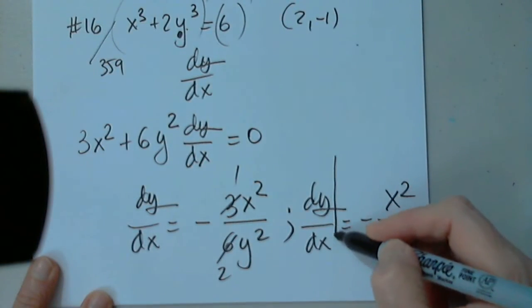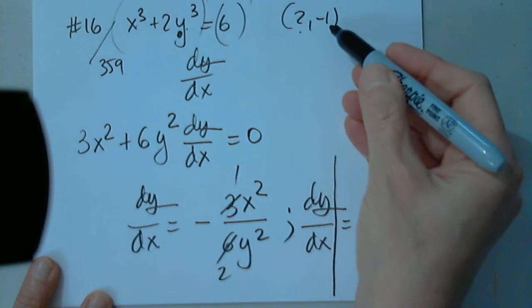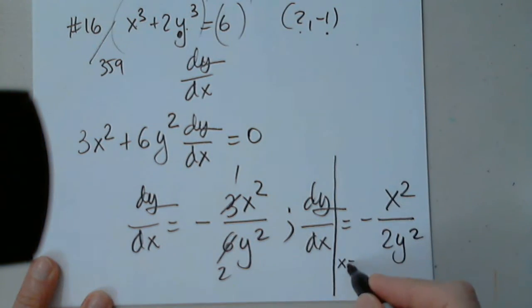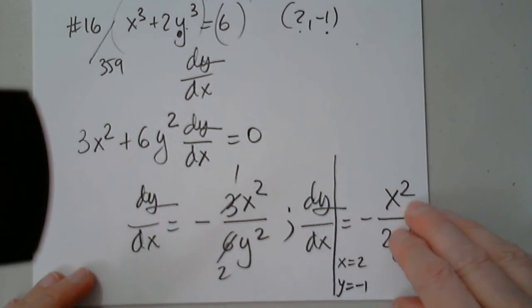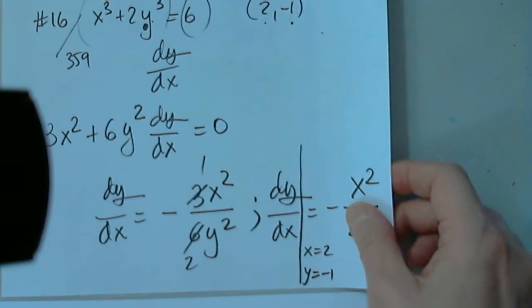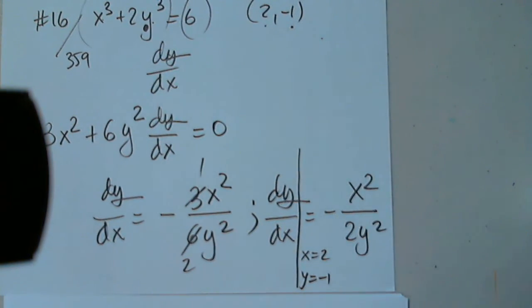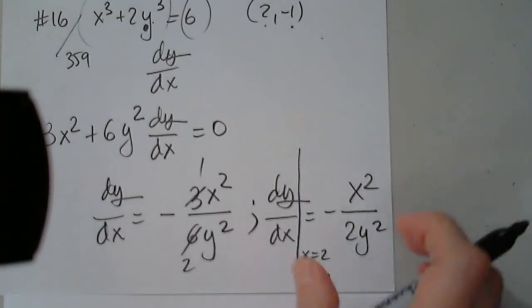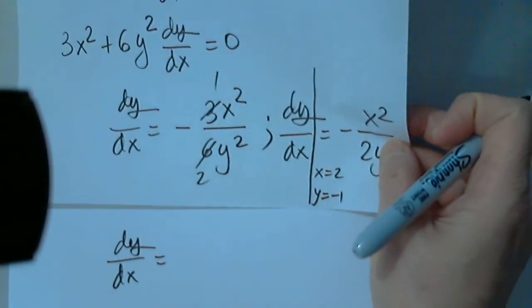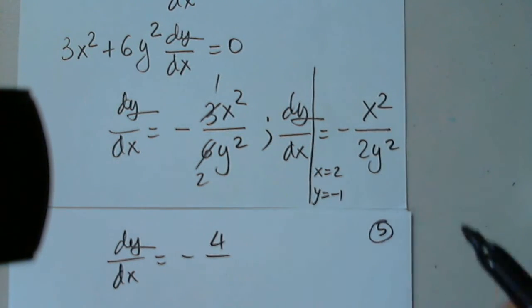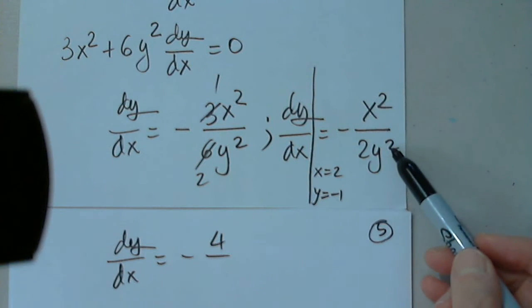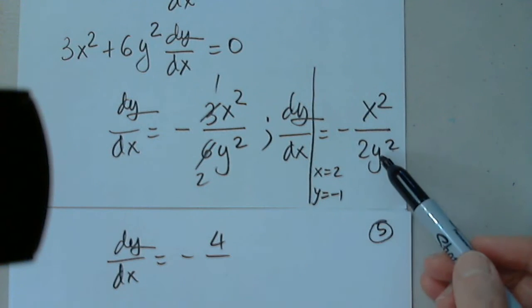All I have to do now is put a vertical bar, when x is 2 and y is negative 1, and just plug them in. So then dy over dx will be negative 4 over 2 times negative 1 squared, which is 1, because squaring changes the sign, it's always positive.